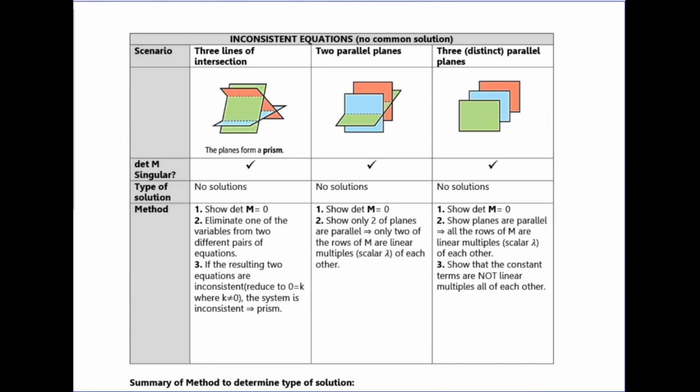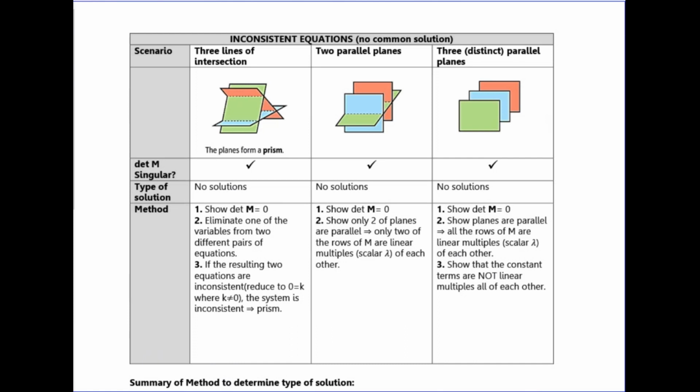You might get that two of them are the same but equal to different numbers and the other one's different. This is two parallel planes which also don't cross each other, and they cross the other plane. Or if you try to solve your equations and get inconsistent equations at the end, you get three planes that are not parallel but don't meet each other along a line. We say they form a prism. In the middle there's a triangular prism. They'll never all cross each other at the same time.